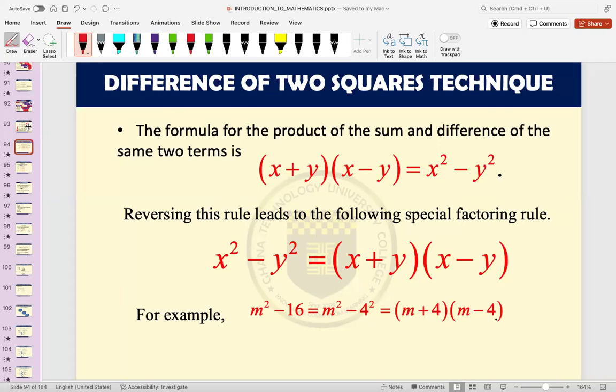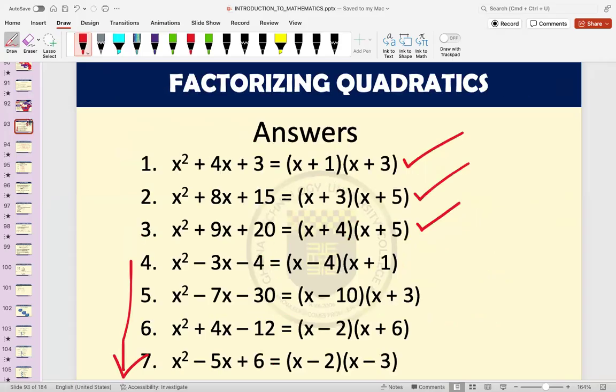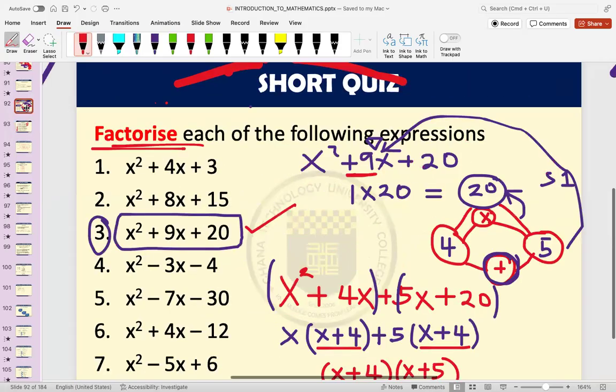So, when you are done solving, let's go to question number 2. Let's say when you are done solving and you have x into bracket x plus 3 plus 5 into bracket x plus 3.